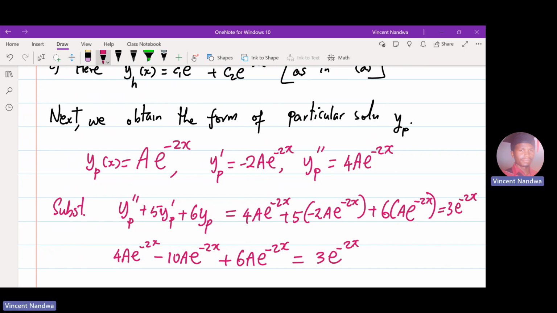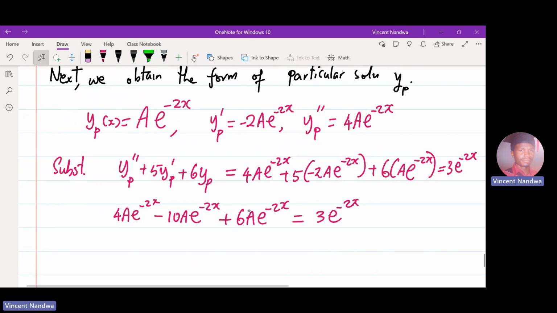Okay, let's religiously do the next step. So when we add all the terms on the left-hand side, you get 4a minus 10a plus 6a, then everything is multiplied by e raised power minus 2x equals 3 e raised power minus 2x.